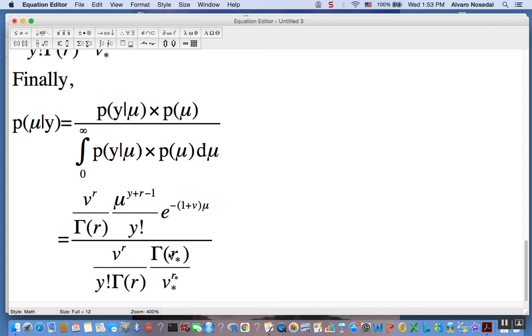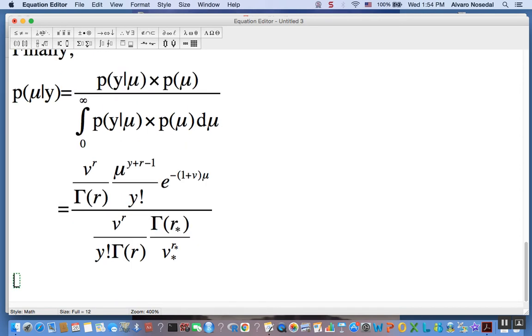So note that the constant v to the r divided by gamma evaluated at r, and that y factorial, those will go away. So what we're going to have left is just that expression that we have here, mu to the power y plus r minus 1, e to the minus 1 plus v times mu, divided by this. Okay? So let me write that down.